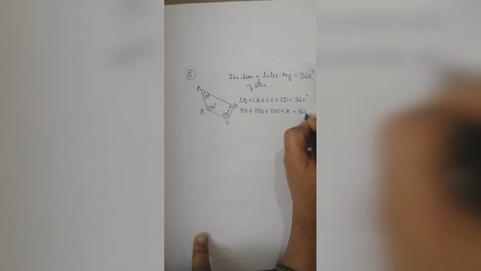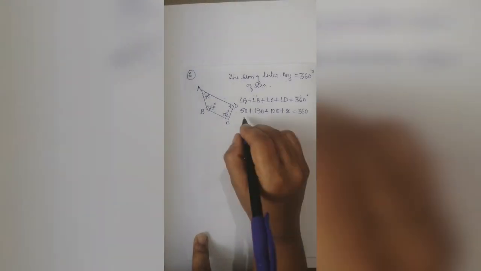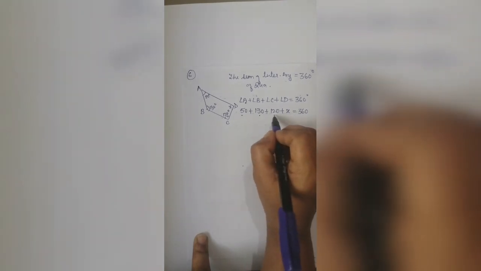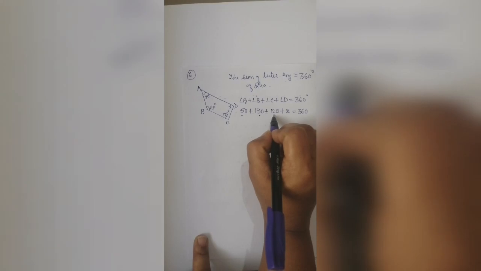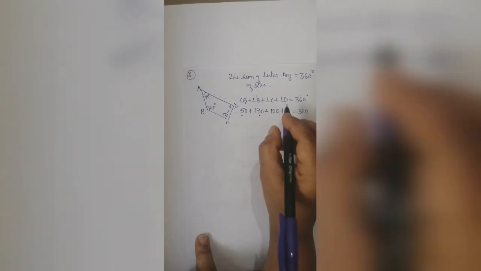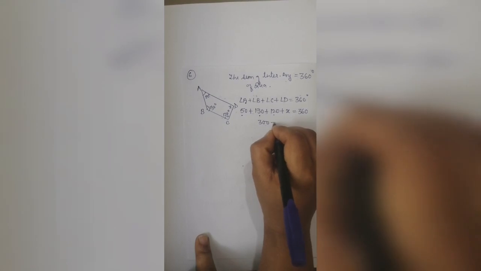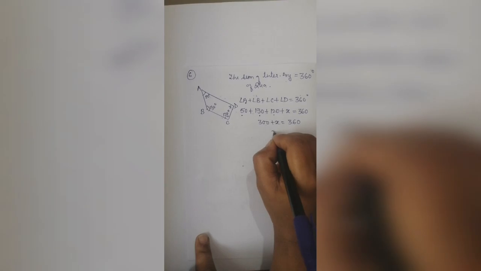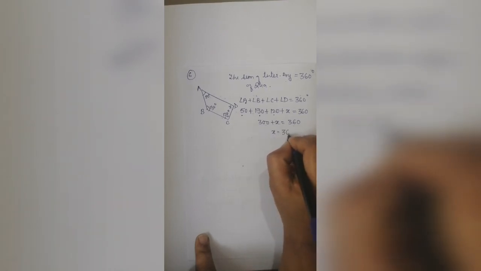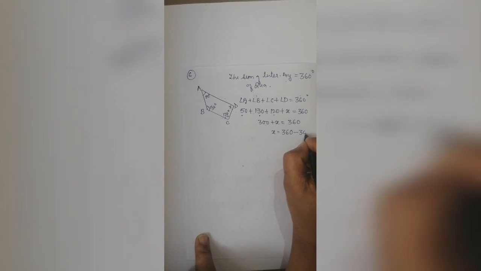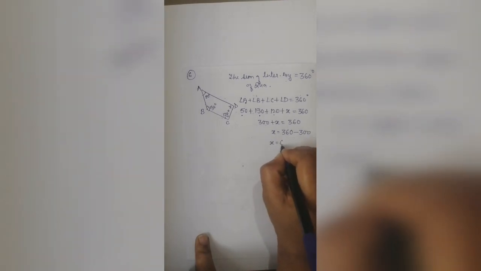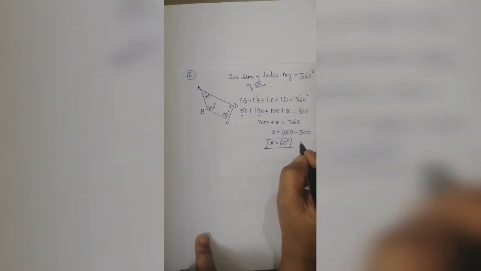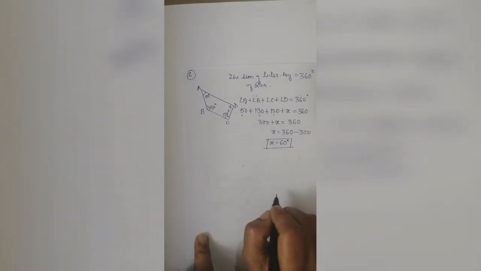Now if you calculate, 50 plus 130 is 180. 180 plus 120 is equal to 300. So 300 plus x is equal to 360. So x is equal to 360 minus 300. So x is equal to 60. Here you got the answer: x is equal to 60.